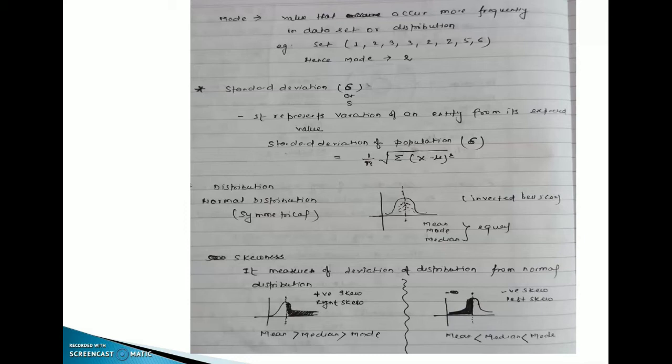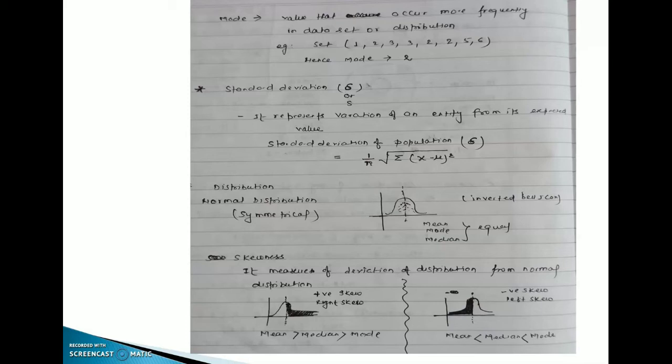Before going further, let's see distribution. In a normal distribution, see this figure looks like an inverted bell. The distribution is symmetrical.